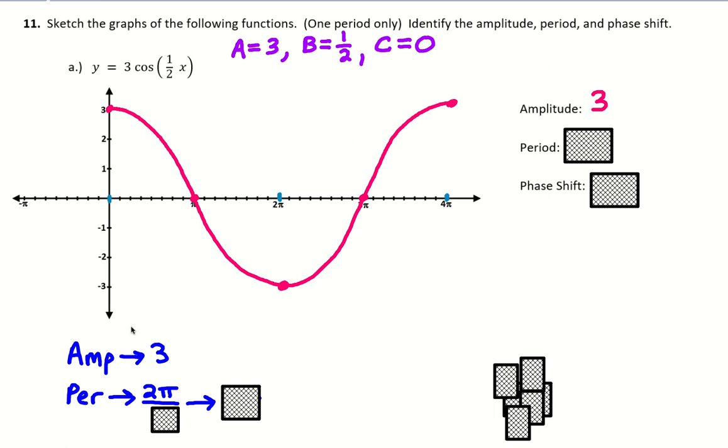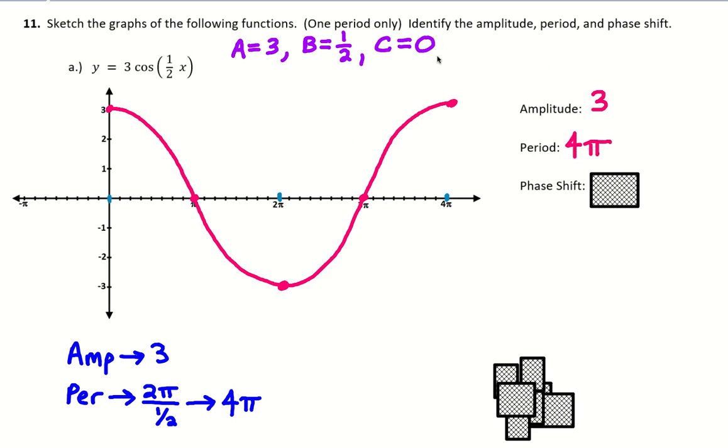You should know by heart that our period is calculated by doing 2 pi divided by our B value. You should definitely know how to divide by a fraction and end up getting 4 pi for our period. And our phase shift is always our C value divided by our B value. You should know that.